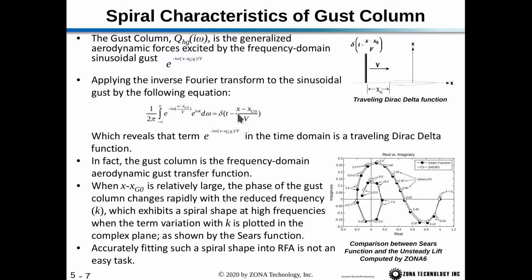So when x minus xg naught is small, we need k equals 10 to get to this spiral shape. But if x minus xg naught is large, you may only need k equals 1 or 2 to get to this spiral shape. So that's why it's important to keep x minus xg naught small.